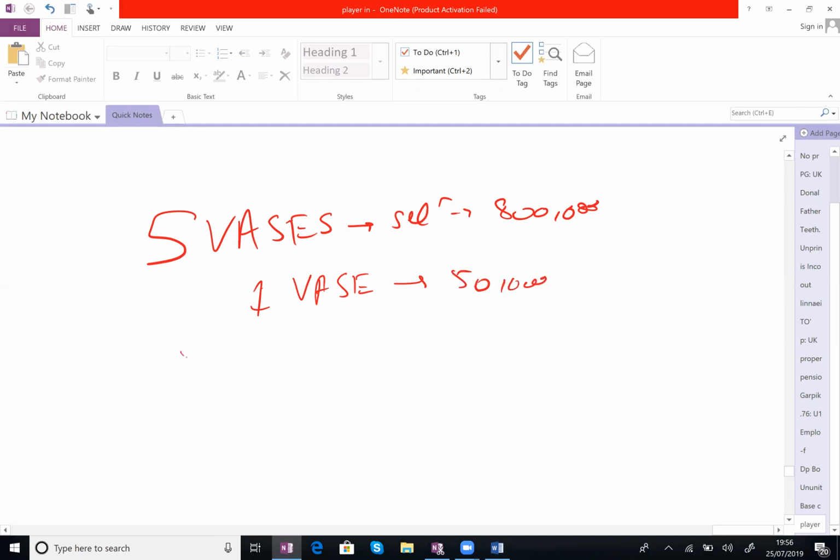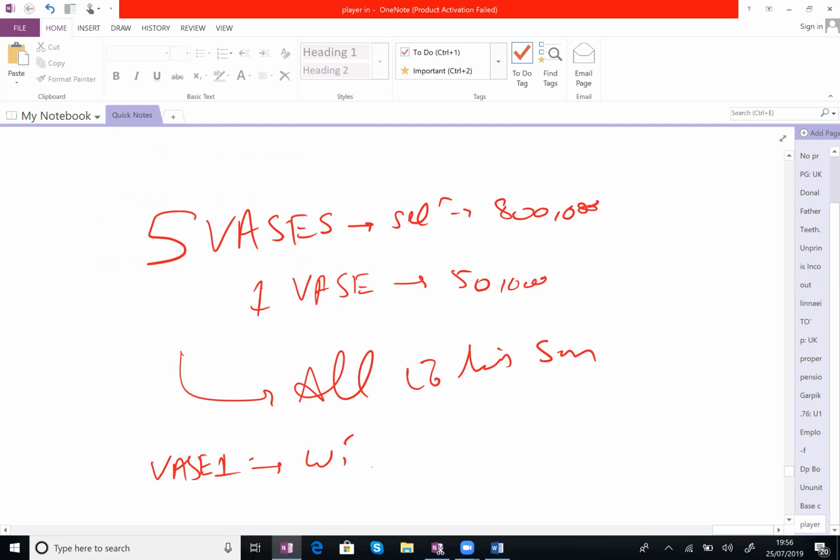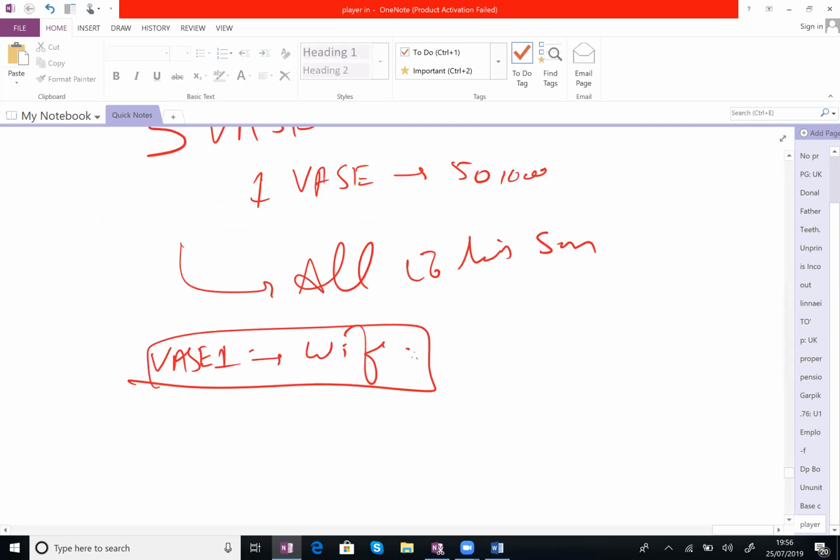Now his intention is to give all the vases to his son, but he will gift vase number 1 to his wife, or maybe charity, meaning a related party, an exempt party. When you gift the vase to the wife, there is no IHT, right? And now you are giving it to your son, you have to pay the tax.